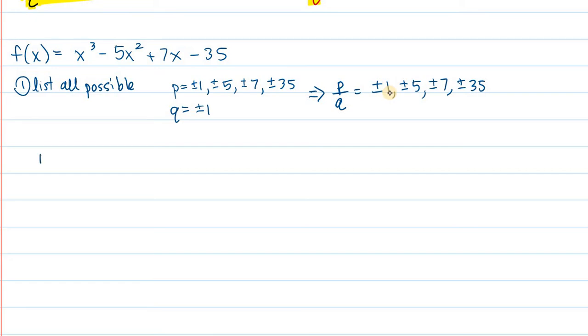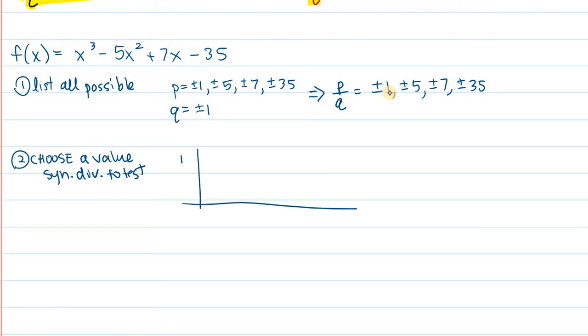So we're going to now use our synthetic division. Choose a value and use synthetic division to test. And we're looking to see if when we use synthetic division, we end up with a zero remainder.